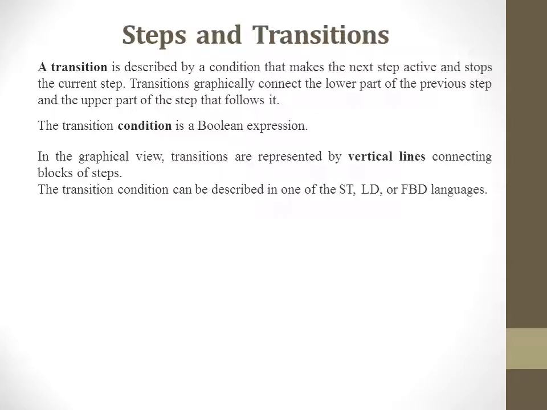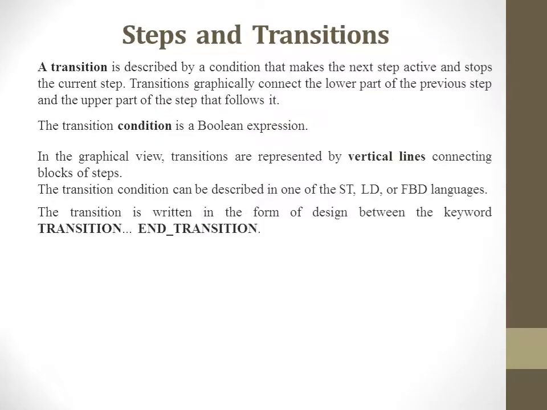So in the graphical view, transitions are represented by vertical lines connecting blocks of steps. The transition condition can be described in one of the STLD or FBD languages. The transition is written in the form of a design between the keyword transition and end transition.